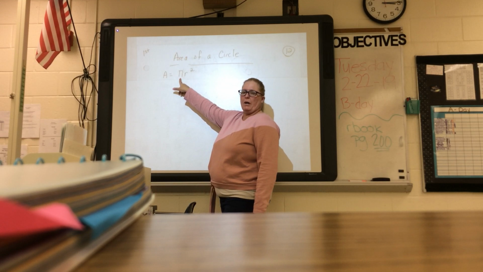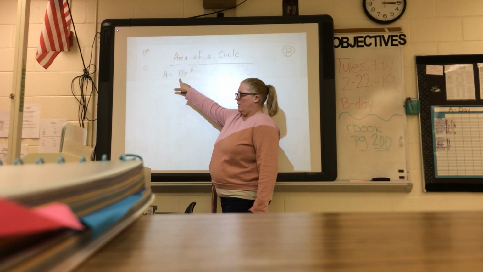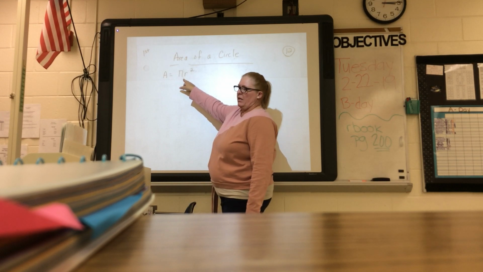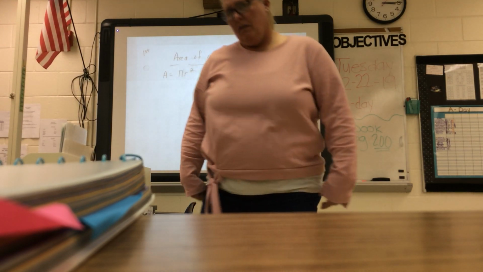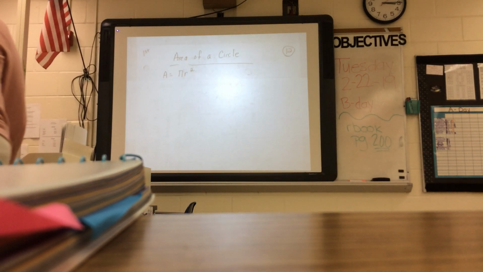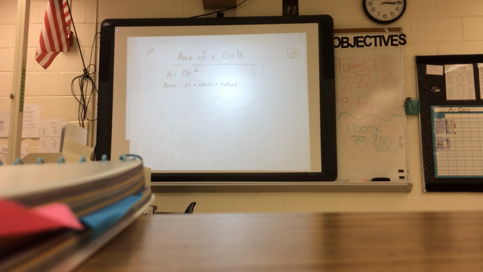Who remembers the value of pi? 3.14. Thank you. And r squared, r means? Radius. So when we talk about pi r squared in word form, we're going to write that as area equals pi times radius times radius. This isn't radius times 2. This is radius times radius. That can be confusing to some.